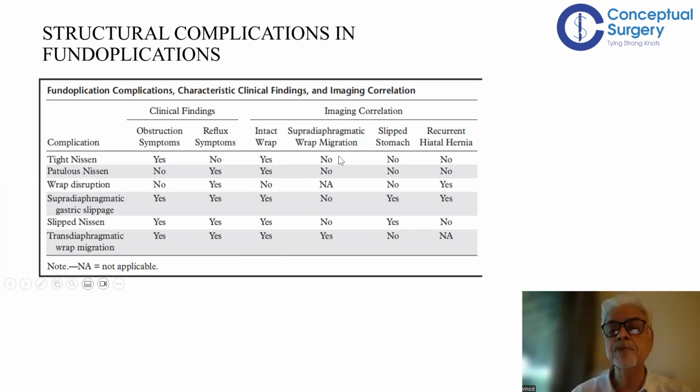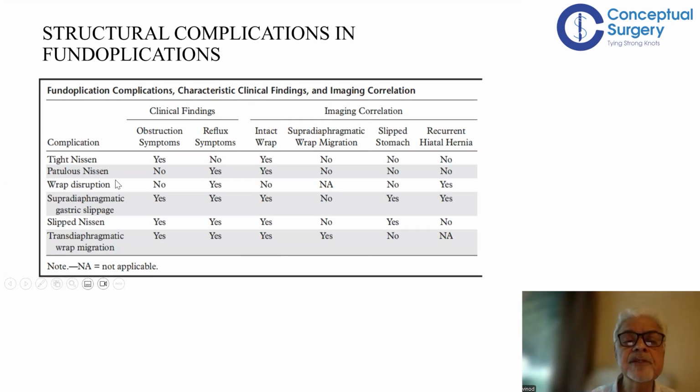The wrap is in its position where it should be, it has not slipped onto the stomach, and there is no recurrent hiatal hernia. That means the gastroesophageal junction has not moved into the chest cavity. So the patient will have obstructive symptoms and no other symptoms. On imaging, we will find that the wrap is intact but is causing obstruction.